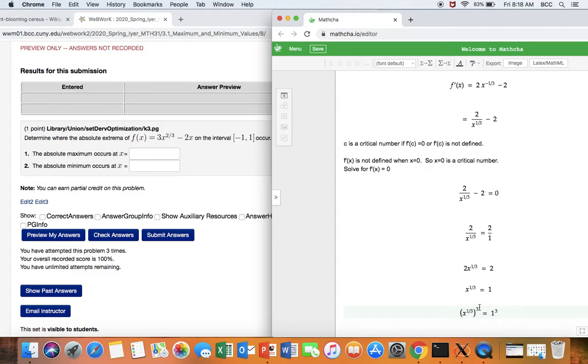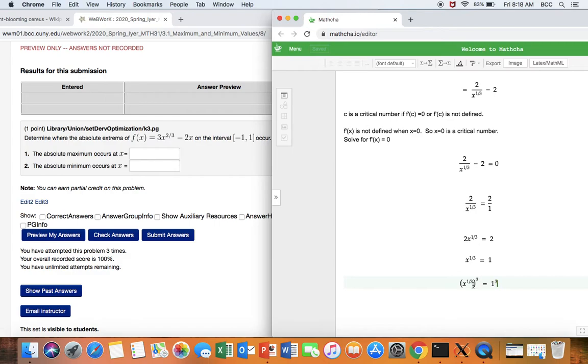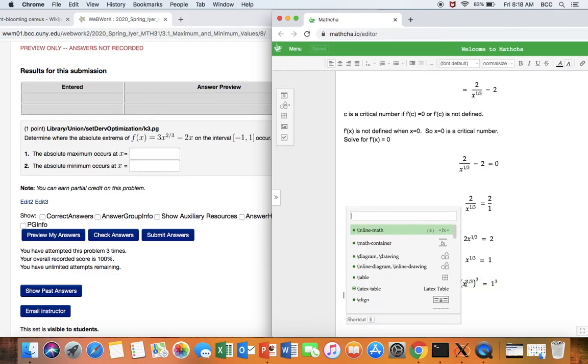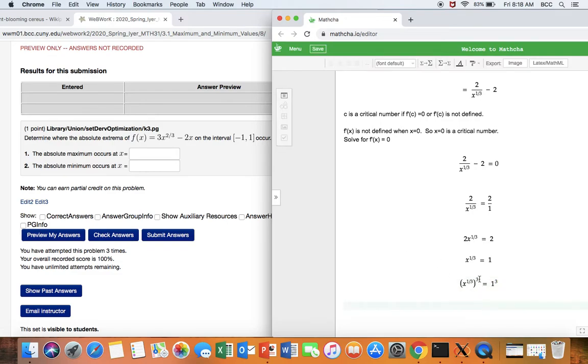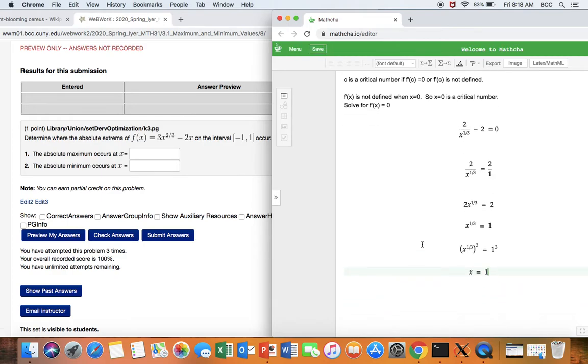Why power 3? Because this is denominator, right? So one way of getting rid of the denominator is bringing in a numerator. So that gives me exponent of exponent. You multiply the exponents, you get x equals 1 to the power 3 is 1. So this gives me another critical number. x equals 1 is a critical number.